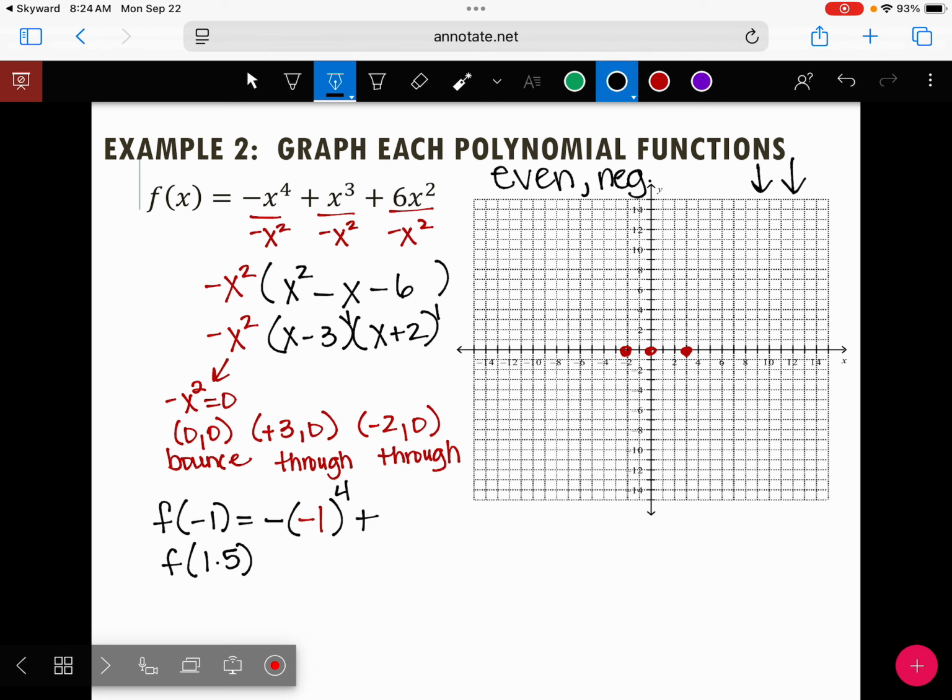Then it would be a plus negative 1. That's how you would have to type it in. That negative does not go away. I'll give you a moment to get those 2 numbers.